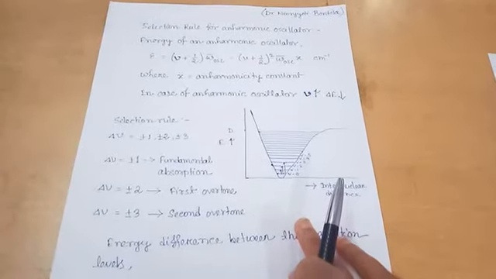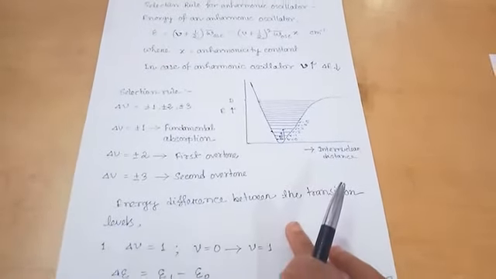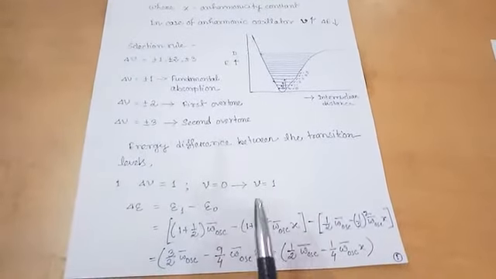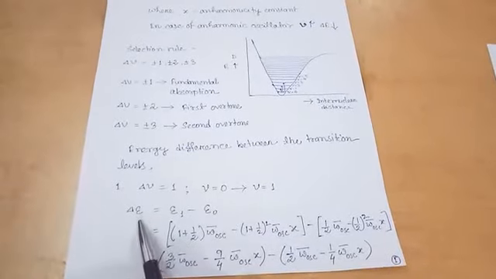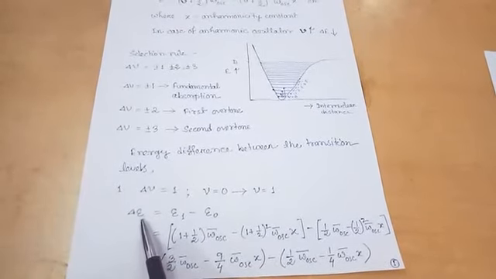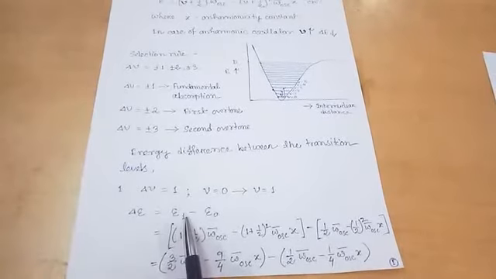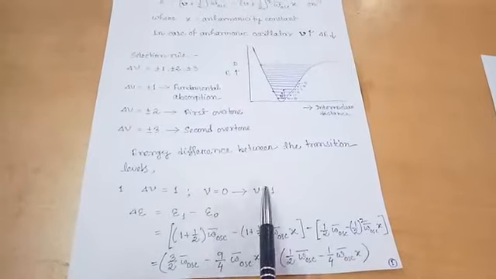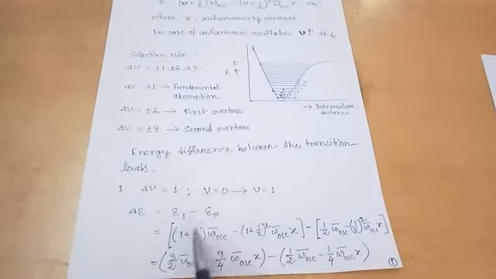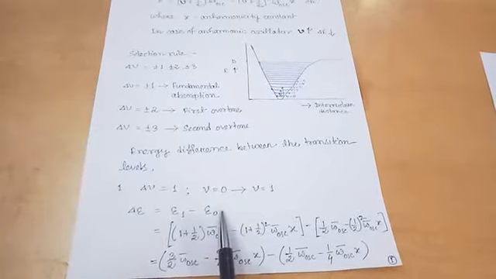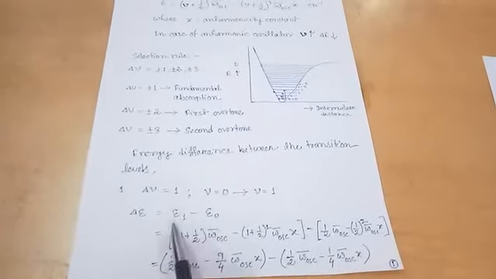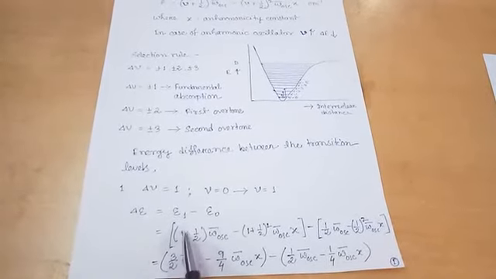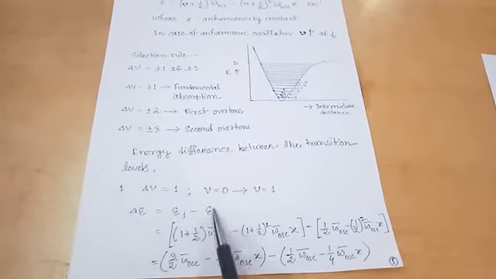Then we can find the energy difference for these transitions. So suppose in the case of fundamental absorption, what will be the energy difference? For the energy difference, we have to find delta E equal to epsilon. Suppose we are taking the transition from 0 to 1. So subtract the lower level from the higher level: epsilon 1 minus epsilon 0. Now replace the v value in the energy expression by 1 in the case of epsilon 1, and by 0 in the case of epsilon 0.